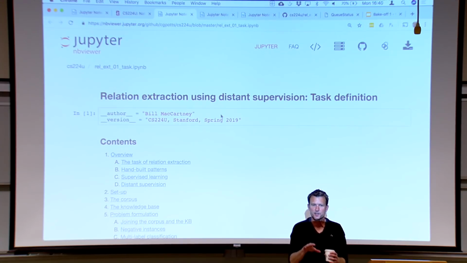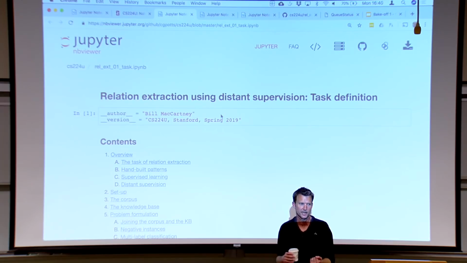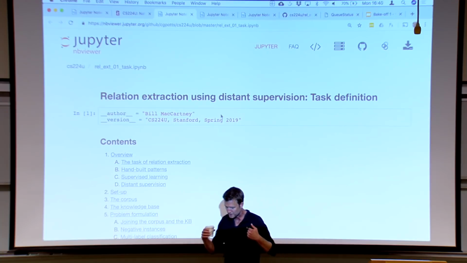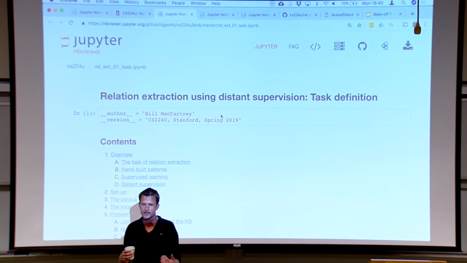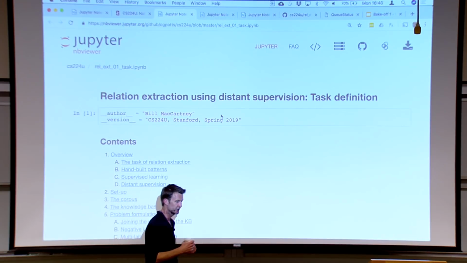So relation extraction is one big idea. The other big idea is distant supervision. And this is interesting because it's a strategy for breaking the data bottleneck that has been one of the biggest obstacles to progress in applying machine learning methods to NLP and NLU.